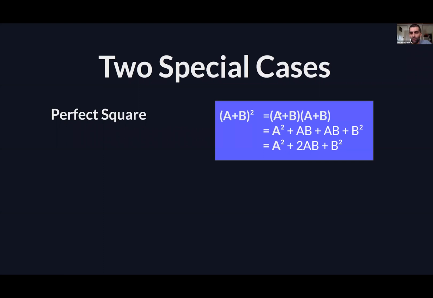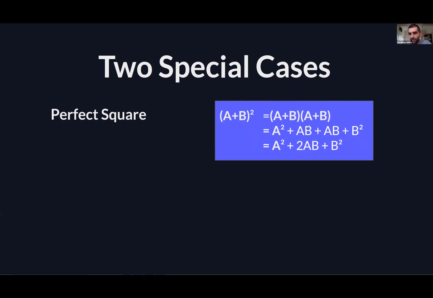What happens in that special case is when you do your FOIL, that multiplied by that gives your a squared, but that multiplied by that gives you your ab. Then going back this way, b times a is also ab, and then we have our b squared. So that's what we've got over there.